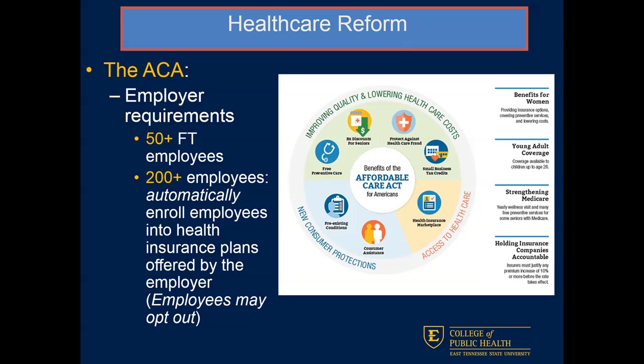And we have some benefits over here: new benefits for women, young adult coverage, how it's working to strengthen Medicare, and working to bring some level of accountability to insurance companies. So that's a little bit of background on the Affordable Care Act if you're unfamiliar with it or still need some clarity on what's going on with it.